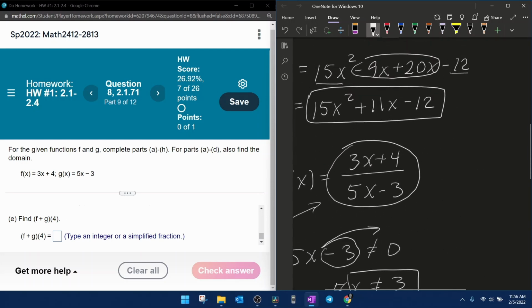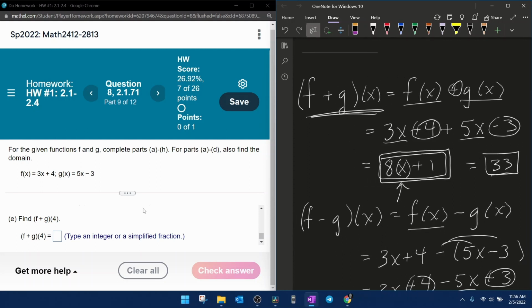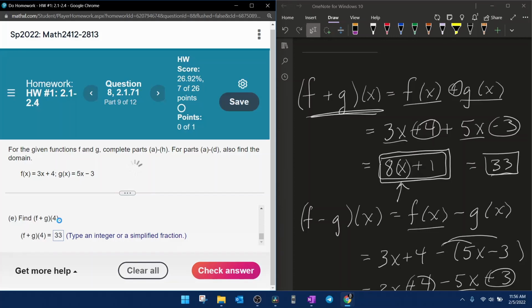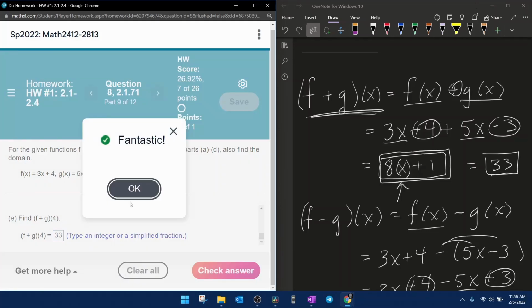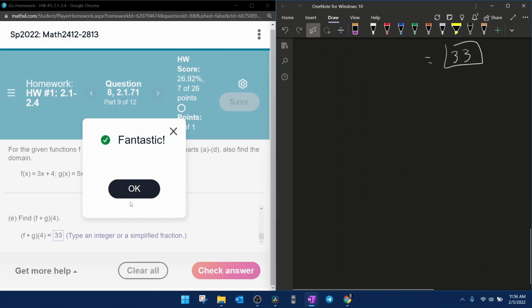Notice that that is the same outcome as if we plugged in the 4 into our f plus g of x. Okay, so there I provided you a couple of ways to get that particular answer, whether you have calculated f plus g of x already or not.